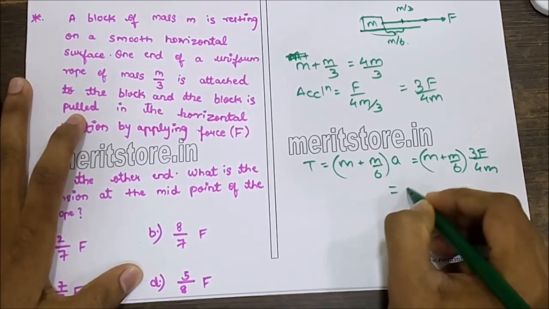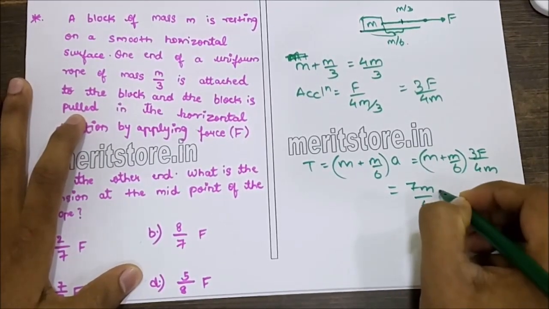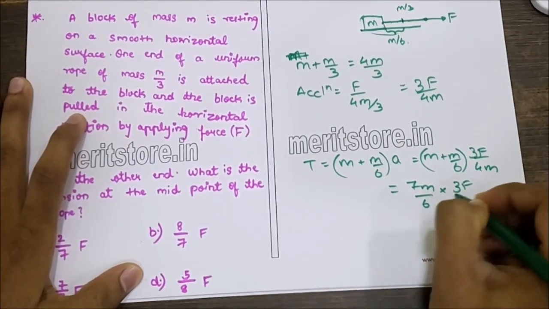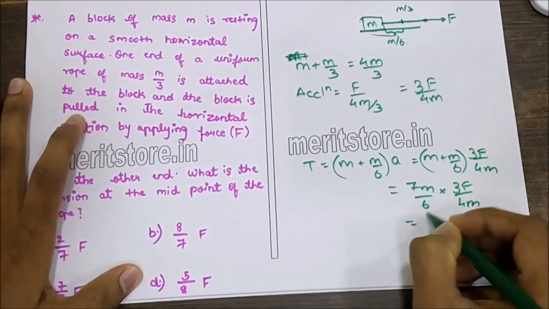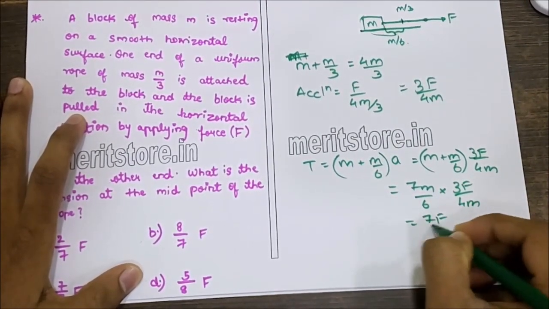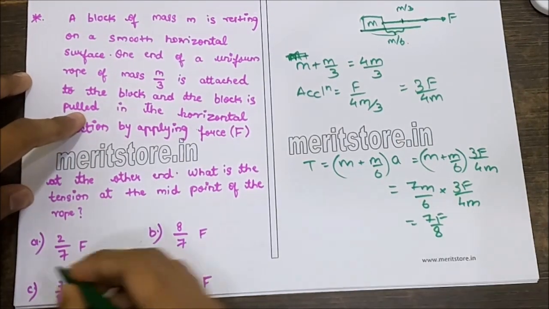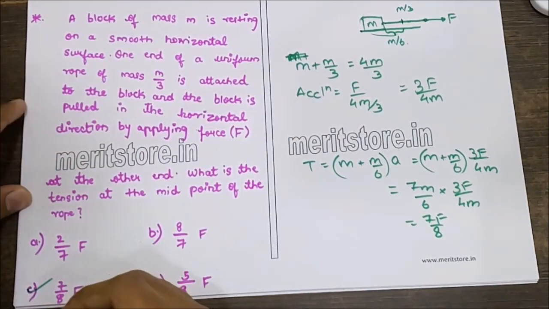So m plus m by 6 is 7m by 6 into 3F by 4m. It can be written as 7F by 8. Hence, option C is the correct answer.